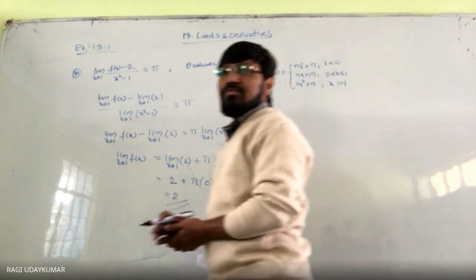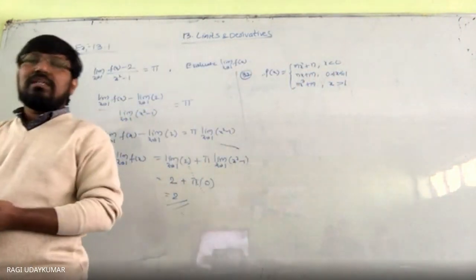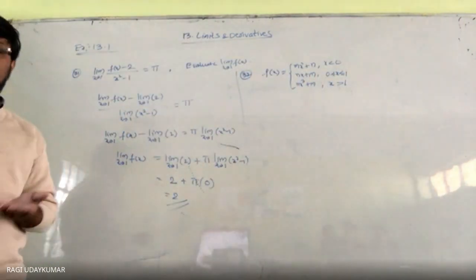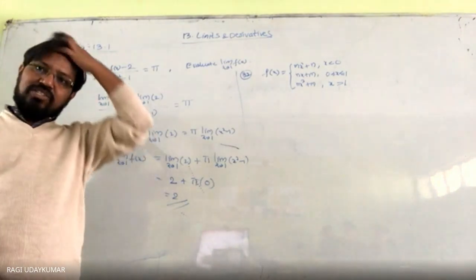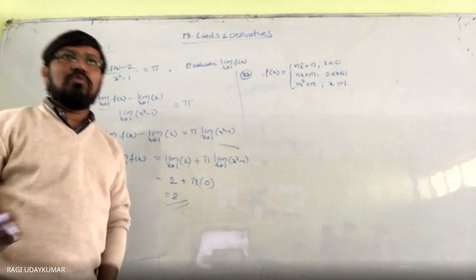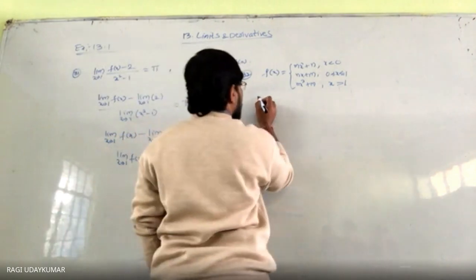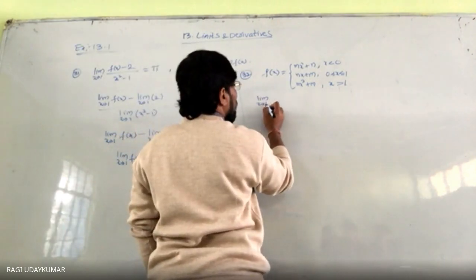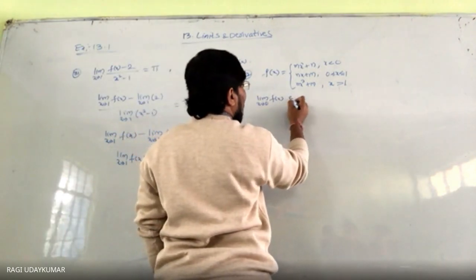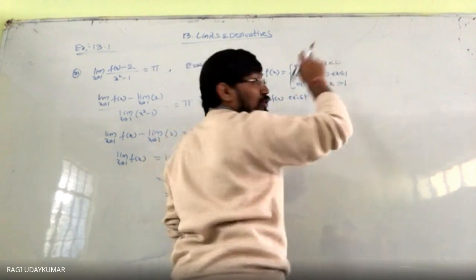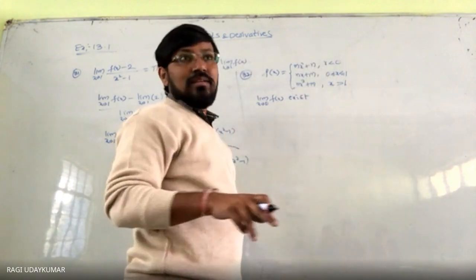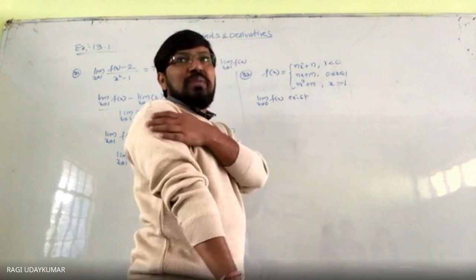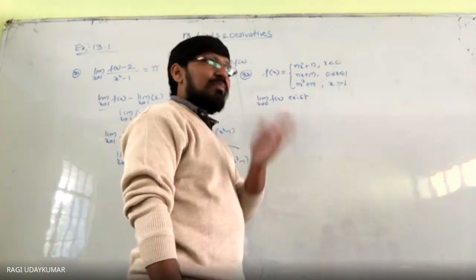For what values of m and n do both limit x tends to 0 of f of x and limit x tends to 1 of f of x exist? It is a split function at 0 as well as at 1, so at both places we have to find the left hand limit and right hand limit.